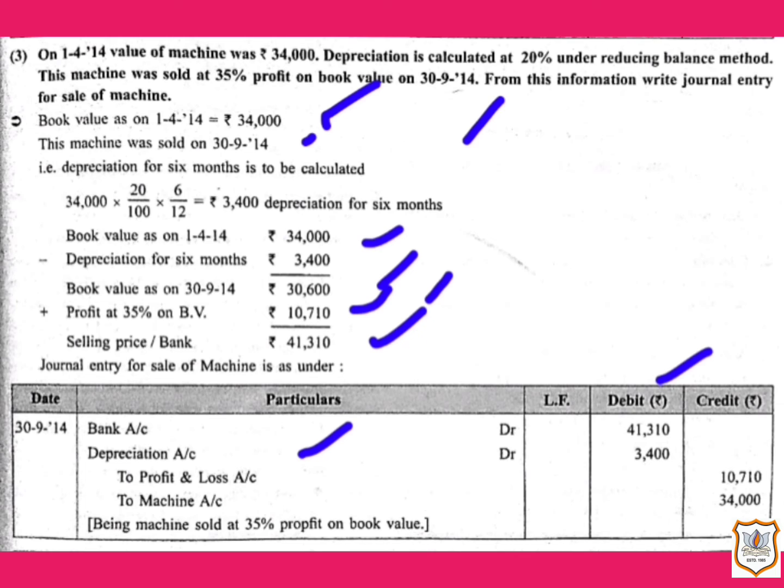Depreciation account will be debited according to the rule of nominal account, that is 3,400, and profit and loss account will be credited as it is being sold at 35% profit, that is 10,710. And as the machine is going out of business, as per real account, it will be credited by rupees 34,000.